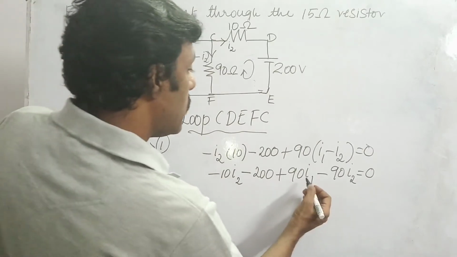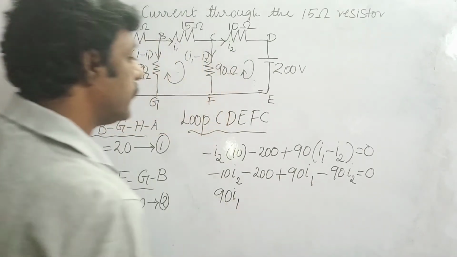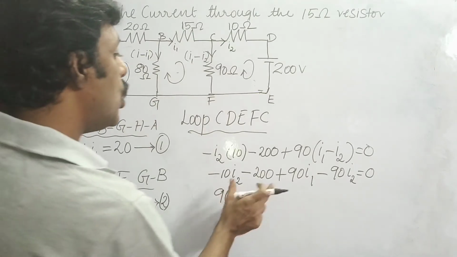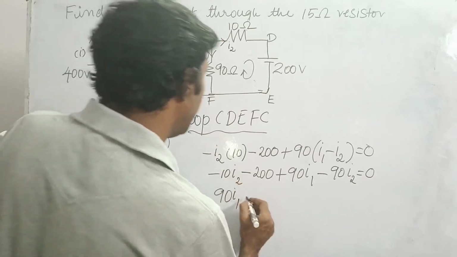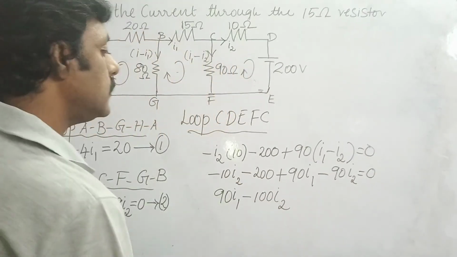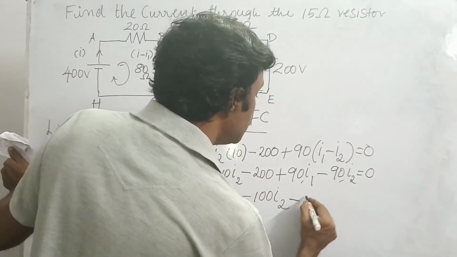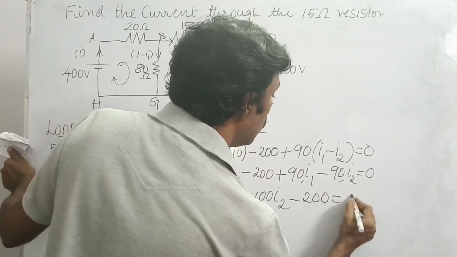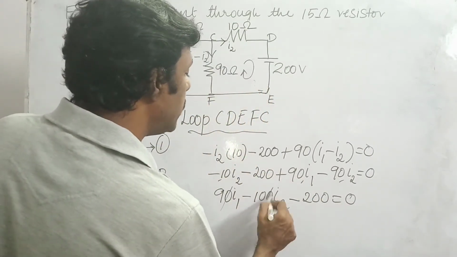Now I have this 90 I1 here, only one I1 term. I have two I2 terms, minus 90 I2 and minus 10 I2, which will be minus 100 I2. I1 is over, I2 is over. So remaining I have minus 200 equal to 0. I am going to take away these zeros.